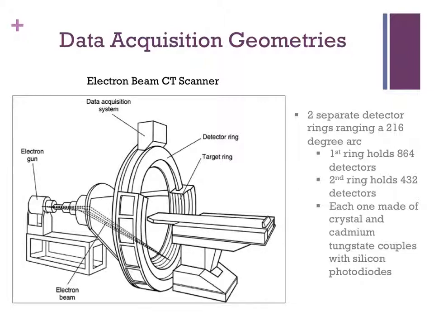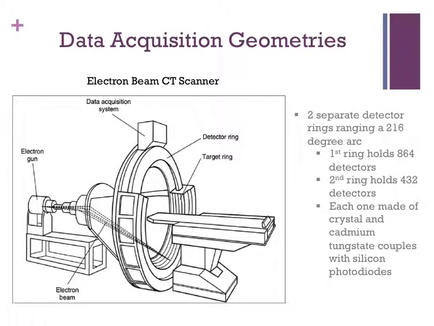The detector array consists of 2 separate rings here, holding a 216-degree arc of detectors. The first ring holds 864 detectors, each half the size of those in the second ring, which holds 432 detectors. This detector arrangement allows for the acquisition of either 2 image slices when 1 target ring is being used, or 8 image slices when all 4 of the target rings are being used in a given order.